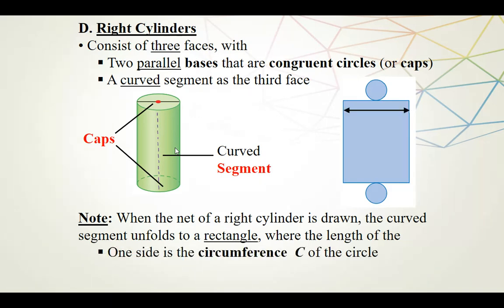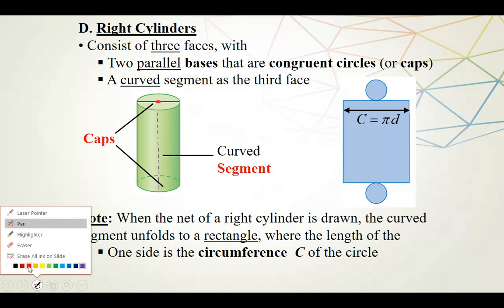Now, it turns out that the length of one side of the rectangle is actually the circumference of the circle. And just to refresh your memory, back in the first lesson of this unit, we reviewed some important information about circles from grade 7. The circumference of a circle is equal to pi multiplied by the diameter. So let me just illustrate this.